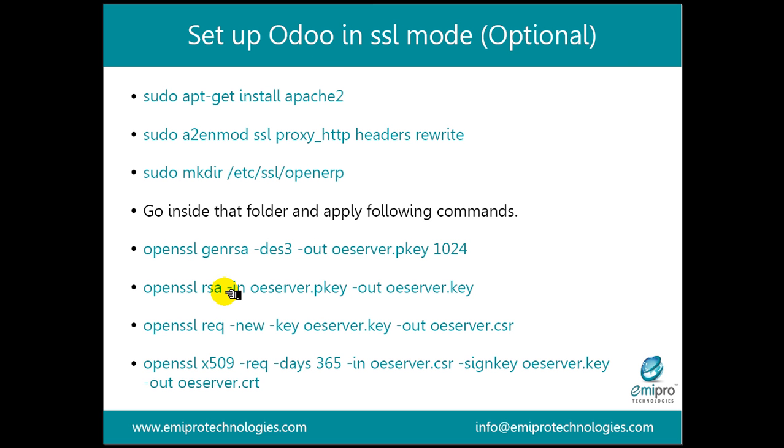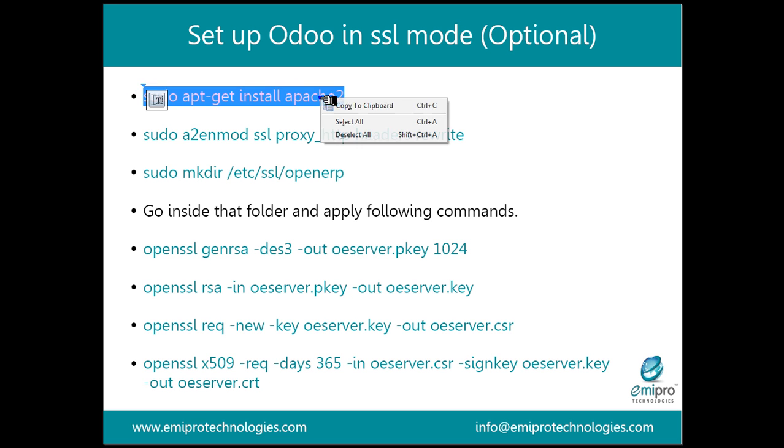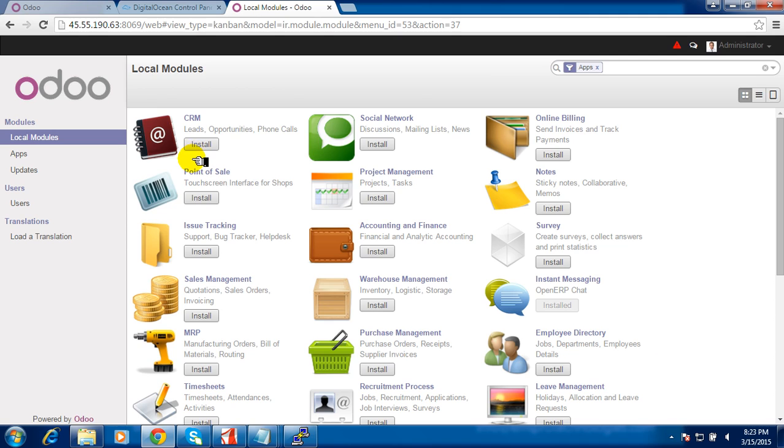So those were the tips, and now we will try to set up Odoo in SSL mode. For that, a few commands are here. Let us execute them one by one. First I will install the Apache 2 server.